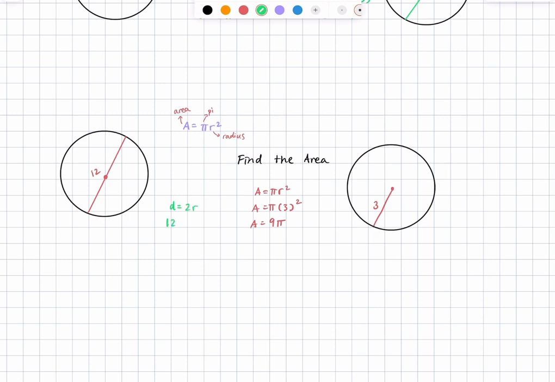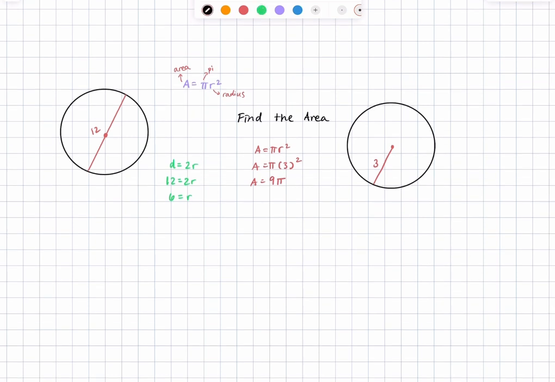So 12 equals 2r, divide by 2 on both sides, and we know that the radius is 6. Next, we can use the formula A equals pi r squared. So area equals pi times 6 squared, and therefore area equals 36 pi.